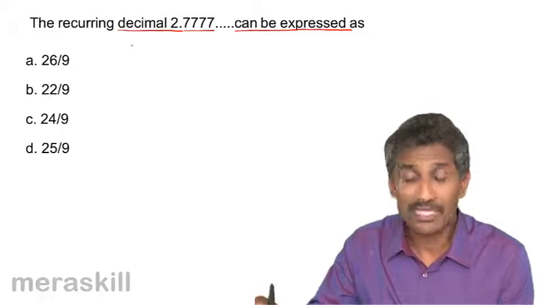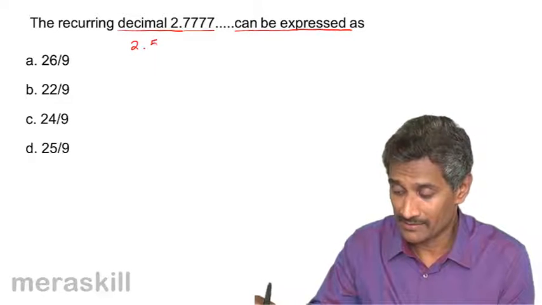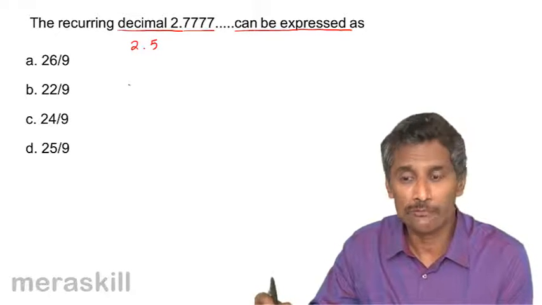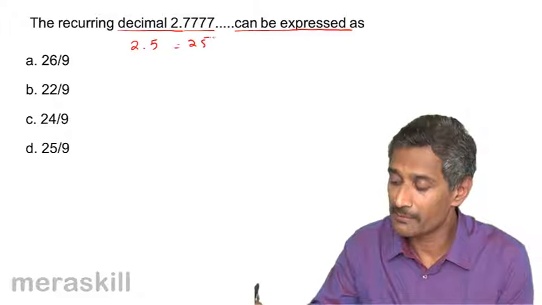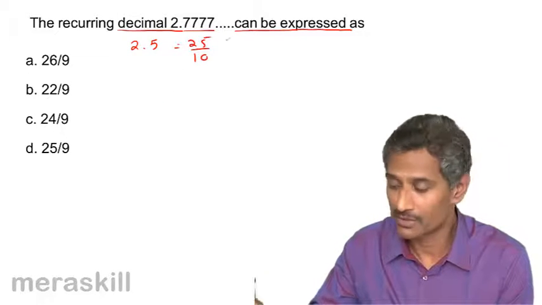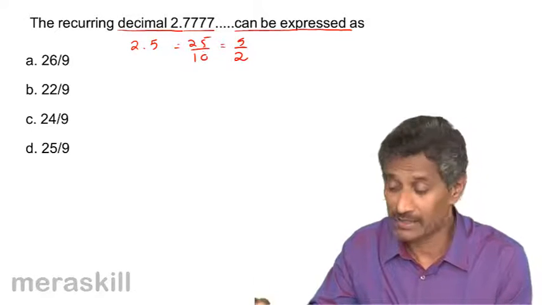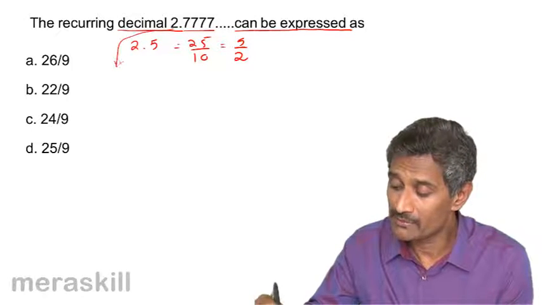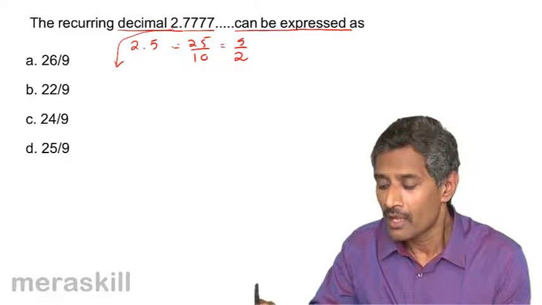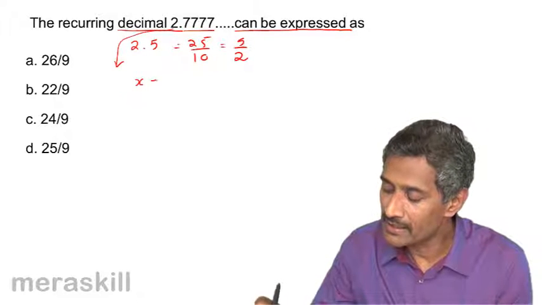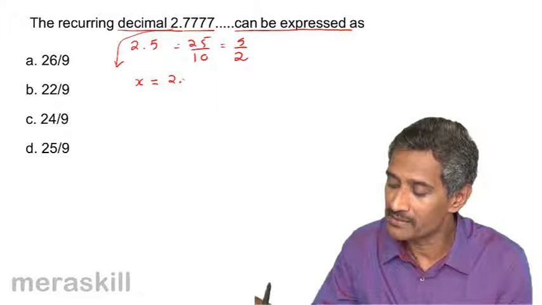If you have something like 2.5, you want to convert it to a fraction, you can write it as 25 by 10, which is the same as 5 by 2, because it's a terminating decimal. But suppose you have something like this, how do we do it? Let this be x, so x is equal to 2.7777.